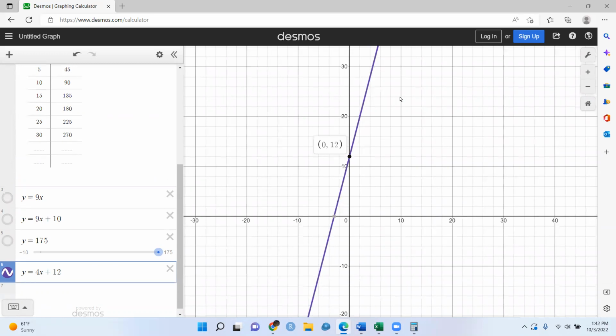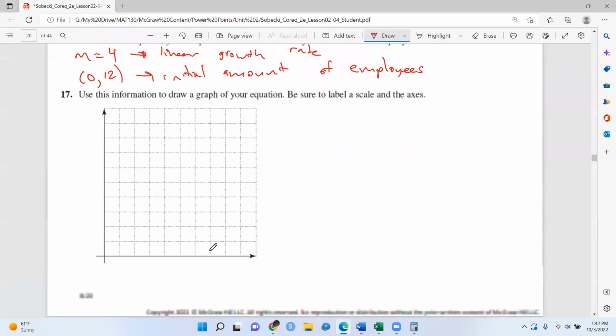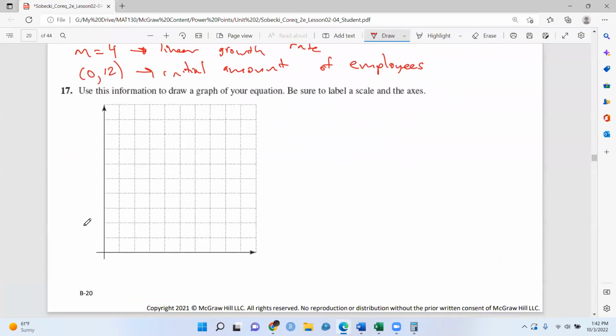What I'm interested in for this class is your ability to do stuff graphically, or to do it with technology, not by hand. So what I would do is have this, and then if we needed to write it on a piece of paper, I would just do something like, let's call this 12, 16, 20, and just be like, yeah, there's my graph.